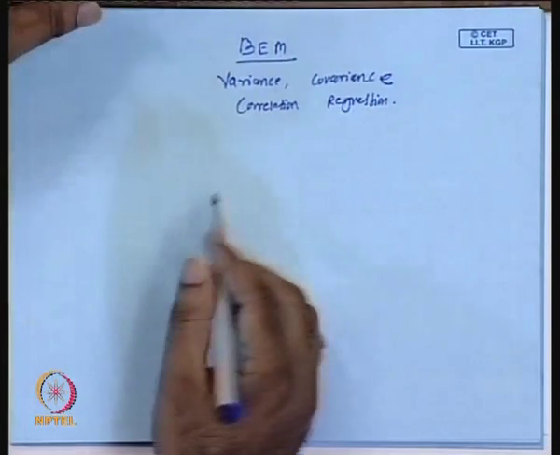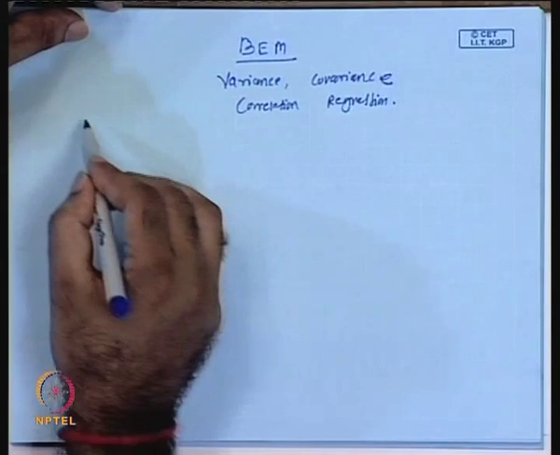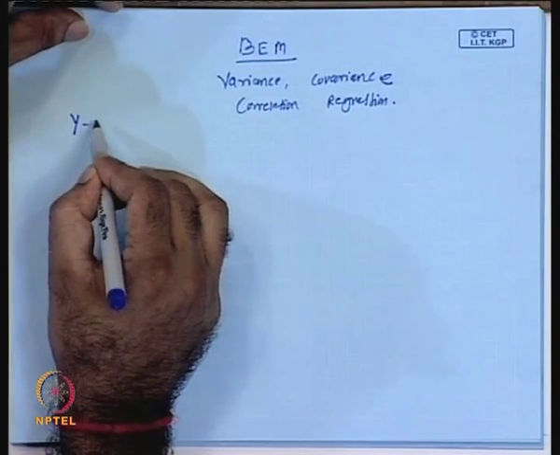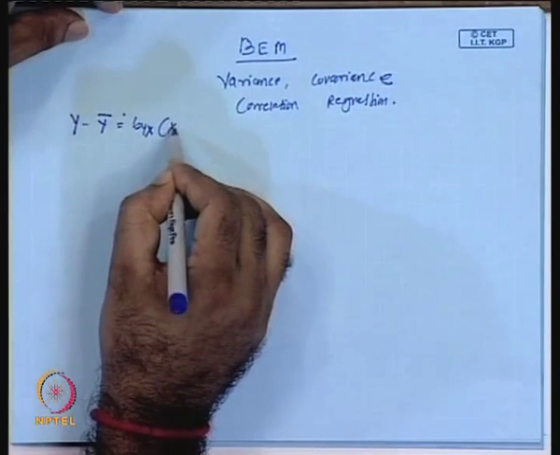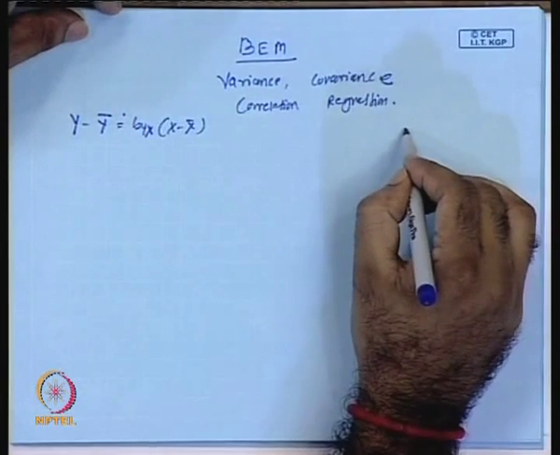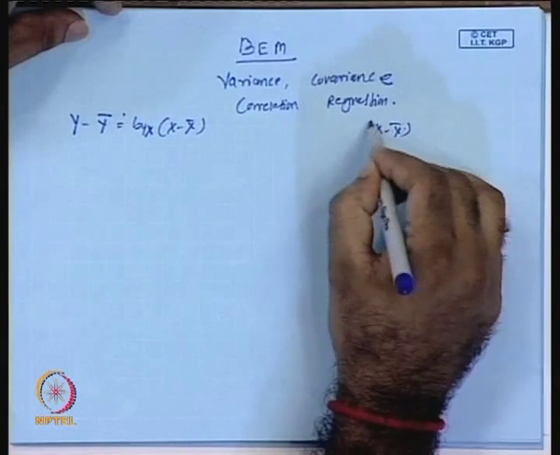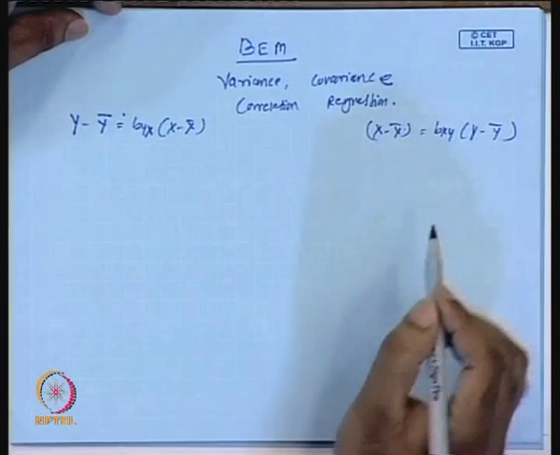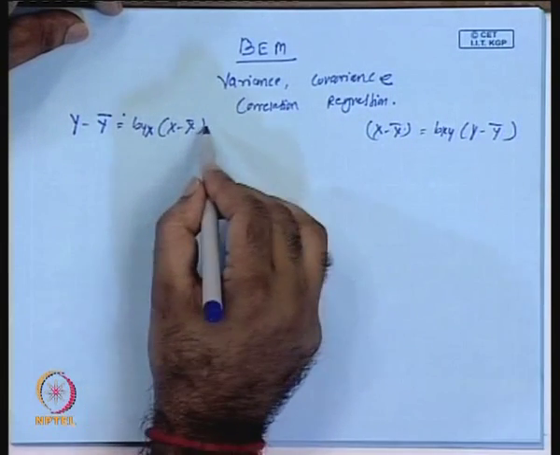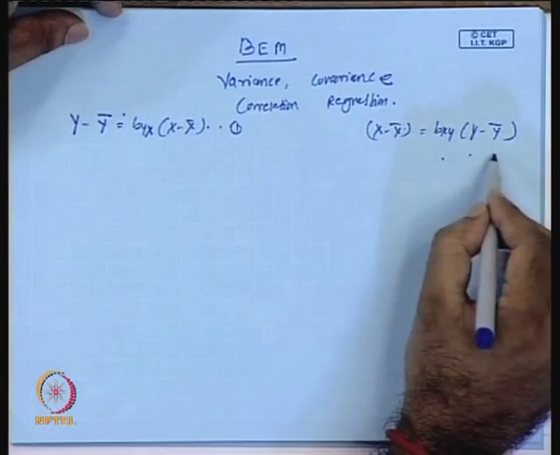So, now we have two equations: y minus y bar equal to byx into x minus x bar, and on the other side x minus x bar equal to bxy into y minus y bar. This is equation 1, this is equation 2.